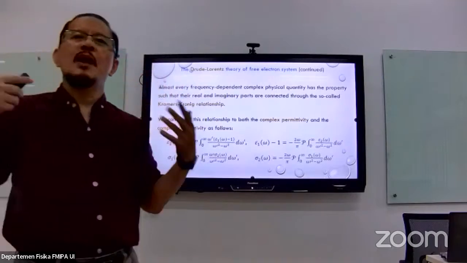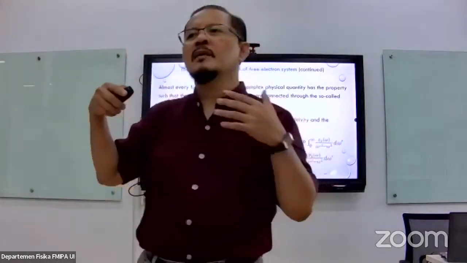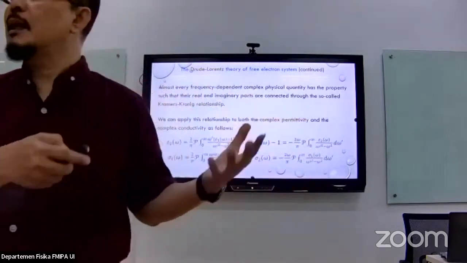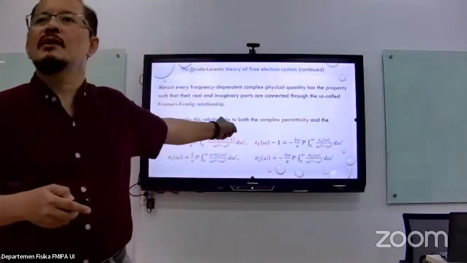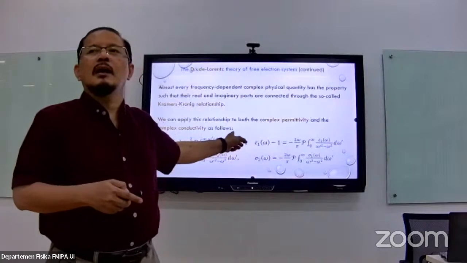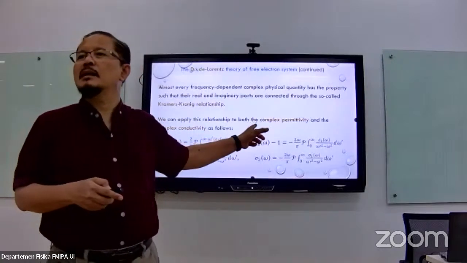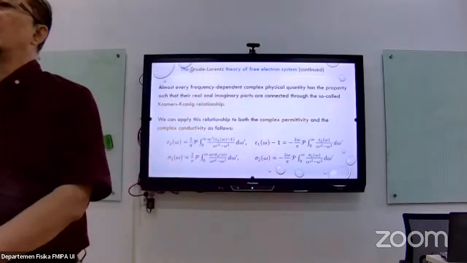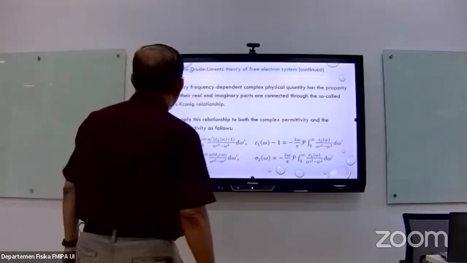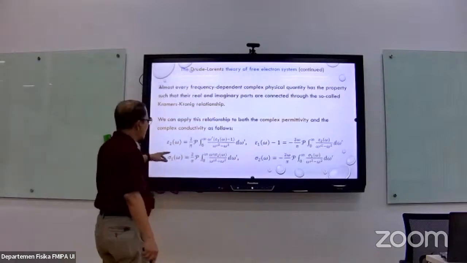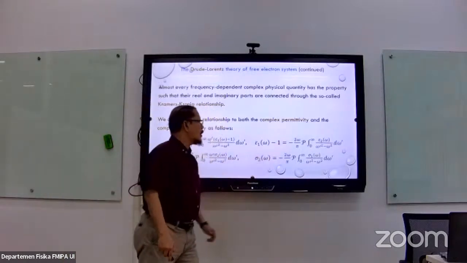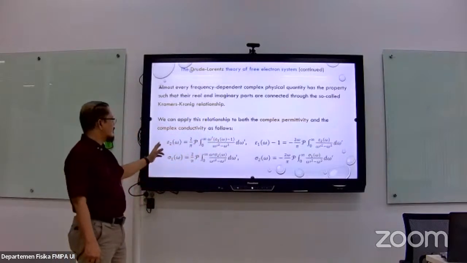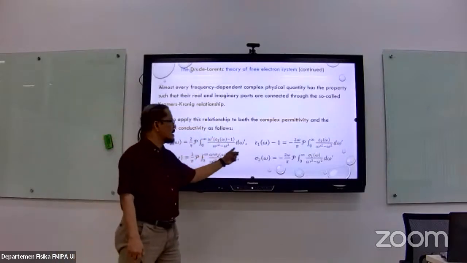Okay, so once a function fulfills that criteria, then it falls into the quantities that can be connected through this transform. In this case, epsilon and sigma both can always have their real and imaginary parts related using this relation.